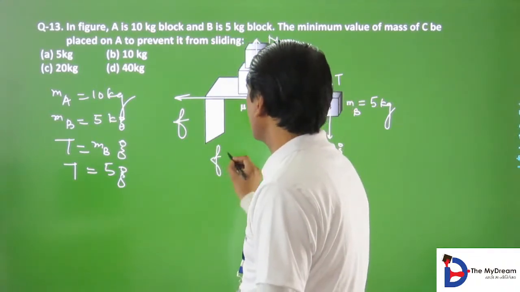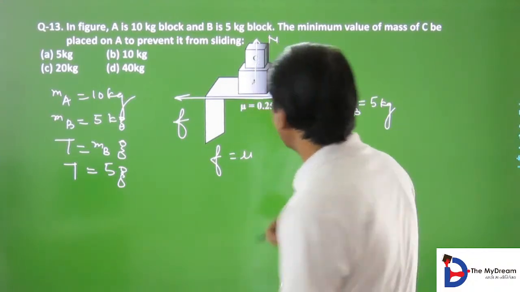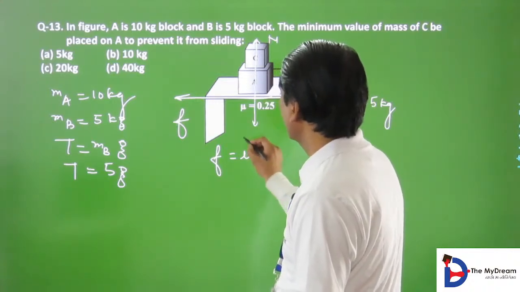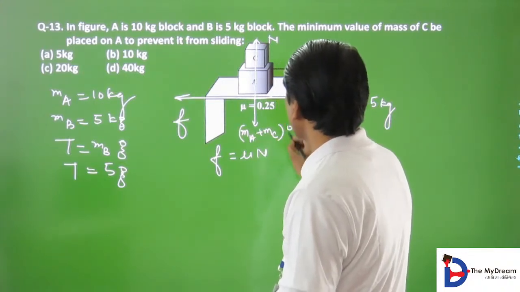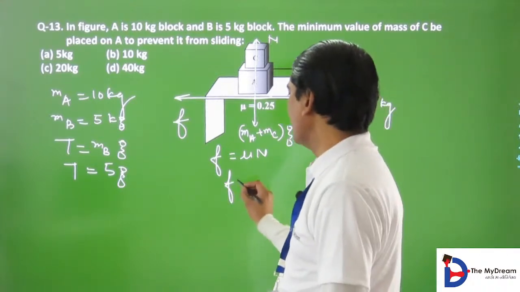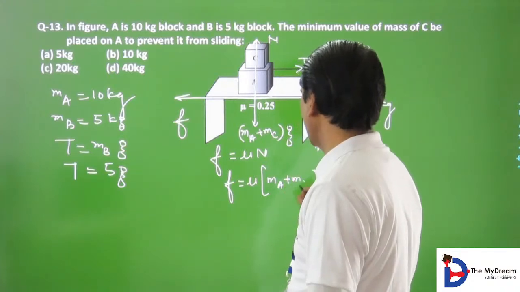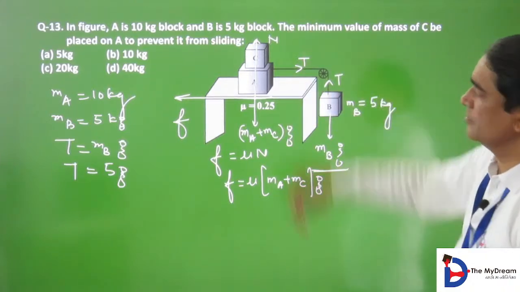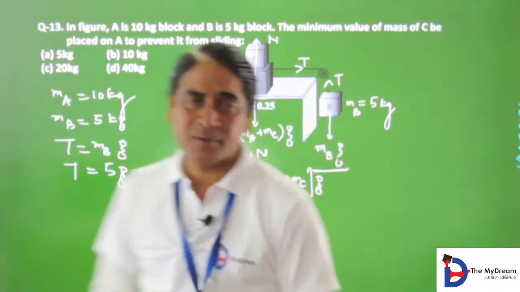F is equal to mu N. What is the weight of this? Mass of A plus mass of C into G. So small f is equal to mu times mass of A plus mass of C into G. That is the total weight of the mass of A and mass of C.